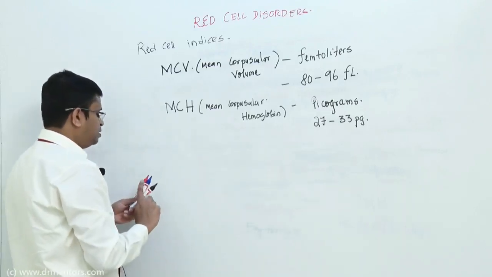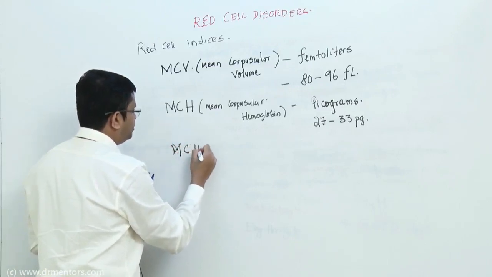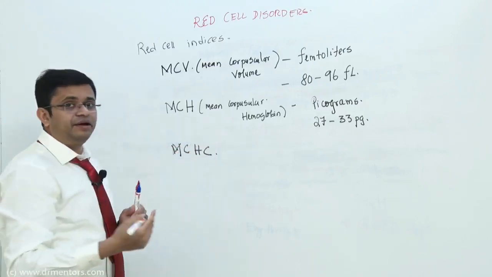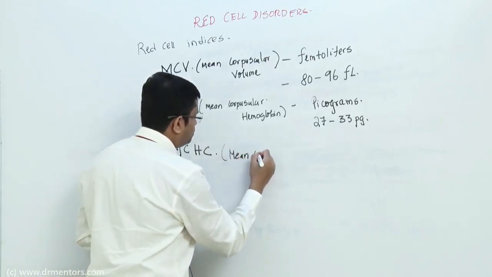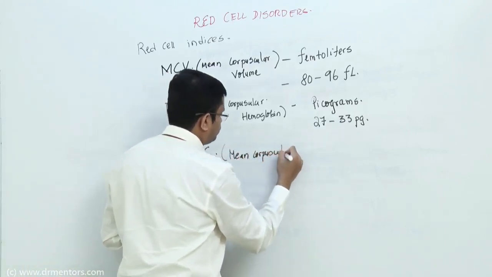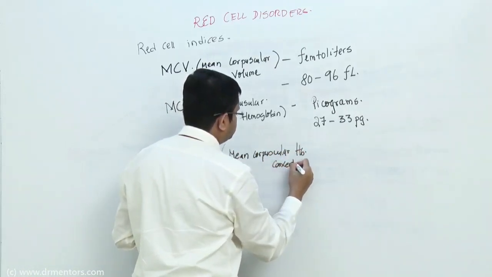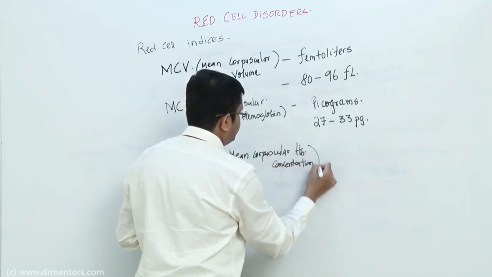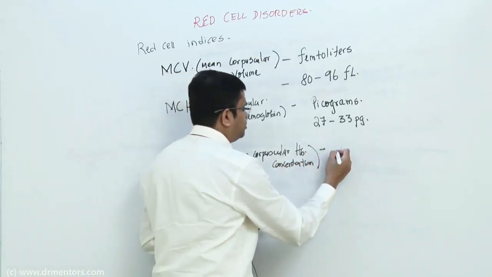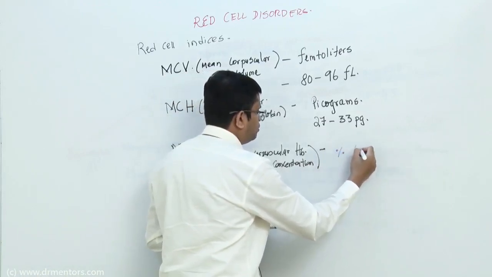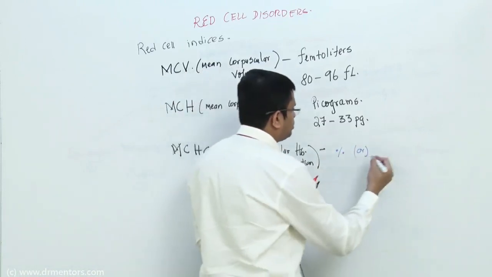Now we'll go to another unit you should know for the exam, MCHC. That's an even better index. Mean corpuscular hemoglobin concentration can be measured in percentage, or in grams per deciliter.